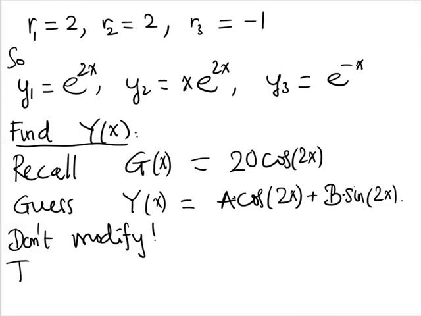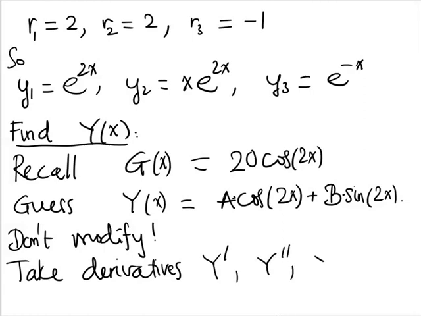We need to take derivatives. The original equation has a third derivative. We need to take the derivative 3 times: y prime, y double prime, and y triple prime. It's a little bit lengthier than usual because we have more derivatives, so I'm not going to show you the details here.